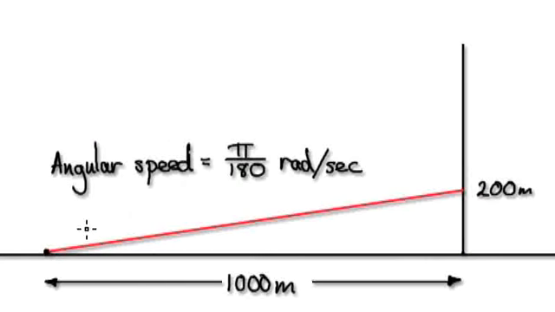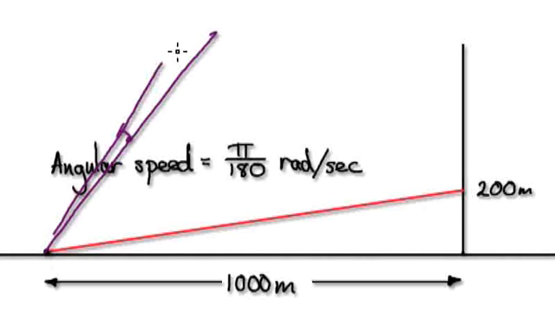Something else to bear in mind: when theta gets really big up here, a small increase in the angle would translate to a big vertical distance. That means when theta is very big, if you increase the angle slightly, the speed of that dot on the wall would be very high.